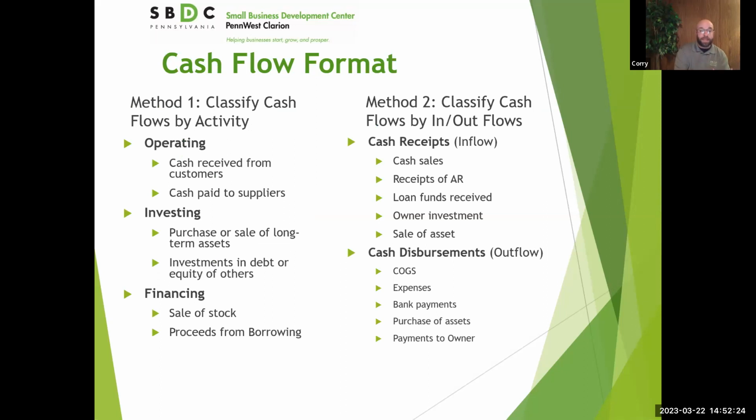Let's take a look at a comparison in more detail. On the left-hand side is the indirect method, and on the right-hand side is the direct method. On the left, we have our operating cash received from our customers and operating cash paid out to our suppliers, in and out.